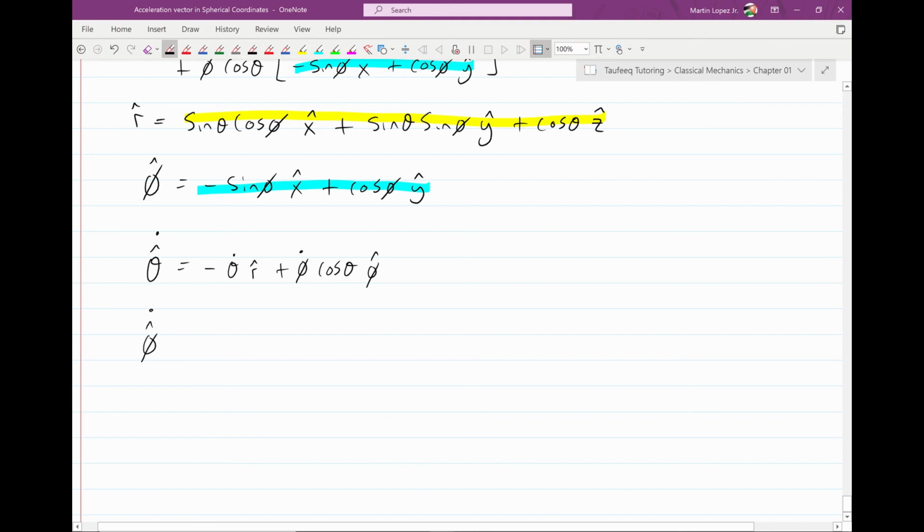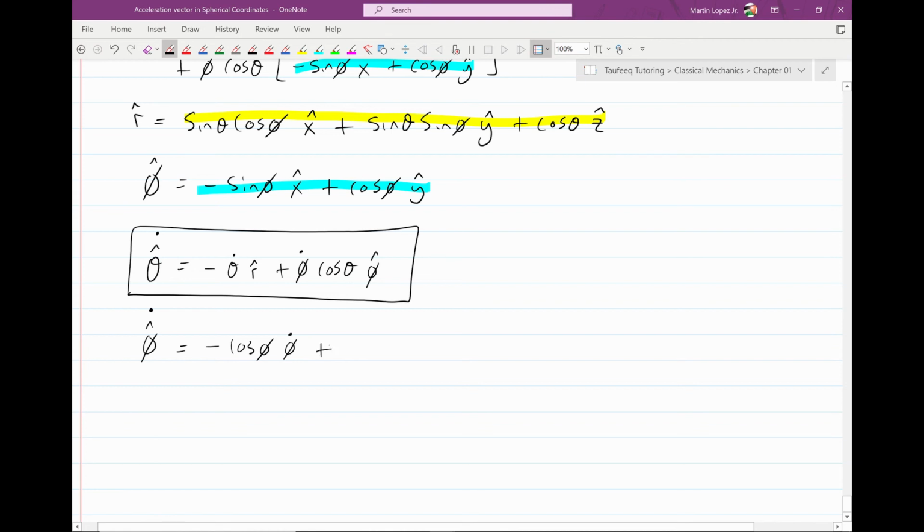So let's move forward with phi hat dot. We have phi hat here, so I'm just going to leave it here. So phi hat dot, let me box this. Phi hat always makes things easy.